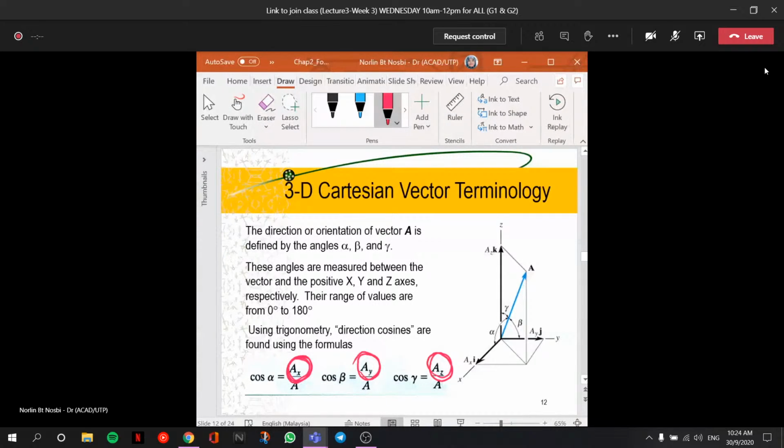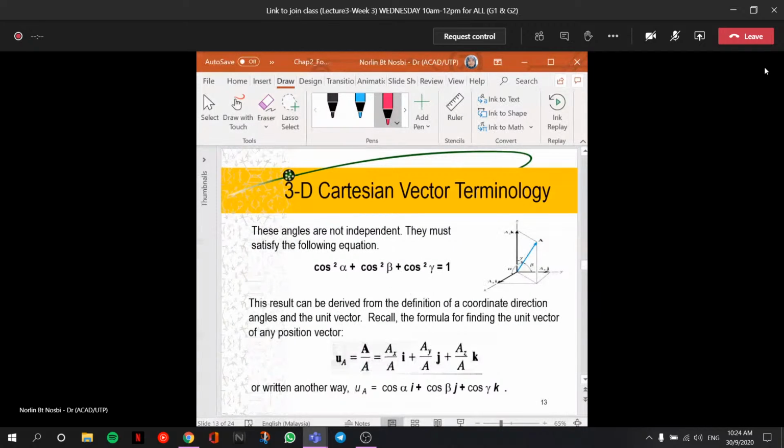Okay, just now I showed you the formula for the unit vector: u is equal to vector A over magnitude A. For vector A, the coordinate is AxI plus AyJ plus AzK.